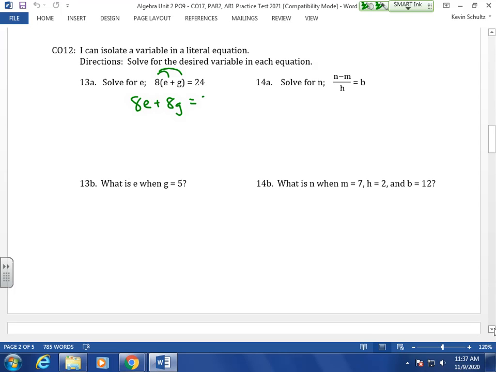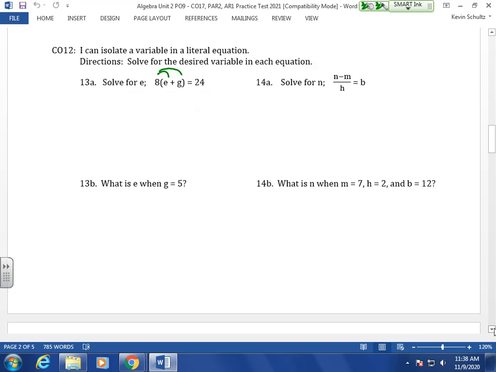The problem with distributing 8e plus 8g equals 24, some of you probably ran into the situation, well, where do I go from here, right? Now that you've given that 8 to both the e and the g, it complicates things. You've given e a coefficient when you didn't have to. It didn't have one to start with. So instead of distributing, what's another way to get rid of parentheses in this situation? Julia?